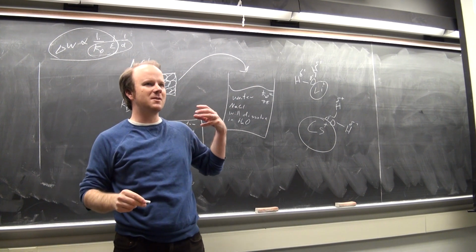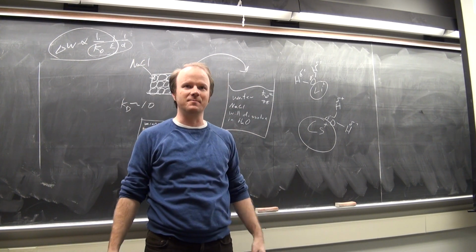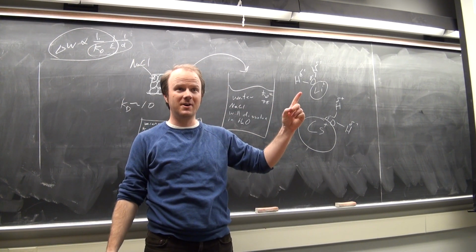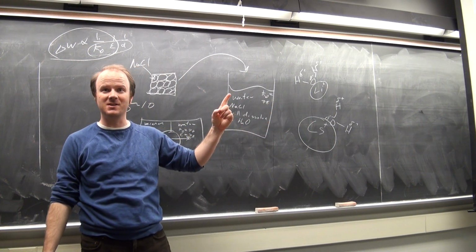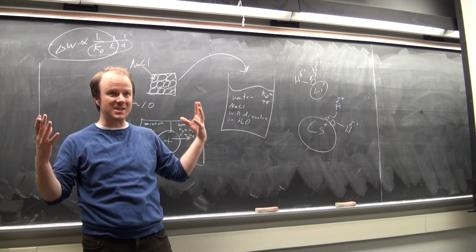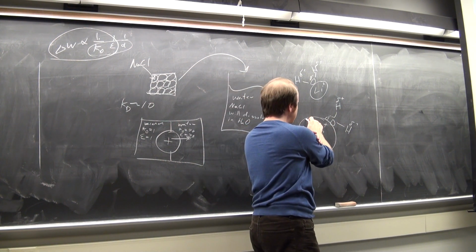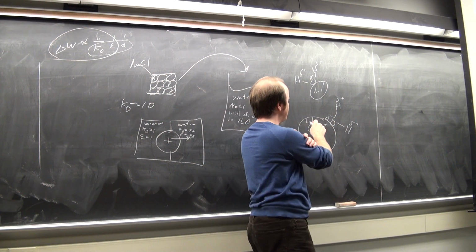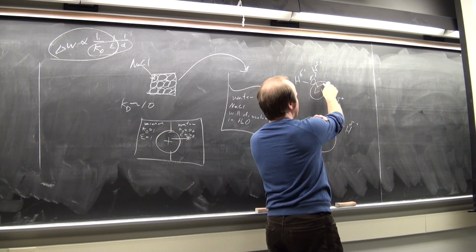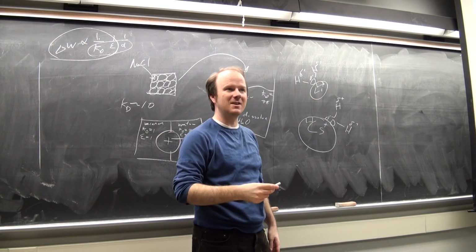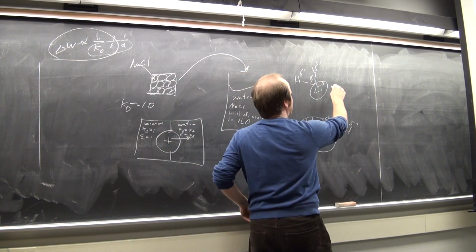And so what's the magnitude of the charge on lithium? 1, right? What's the magnitude of the charge on cesium? 1. They've got the same charge. Cesium's bigger, and so if you take this little piece of cesium, it's got a lower charge than this little piece of lithium, right?